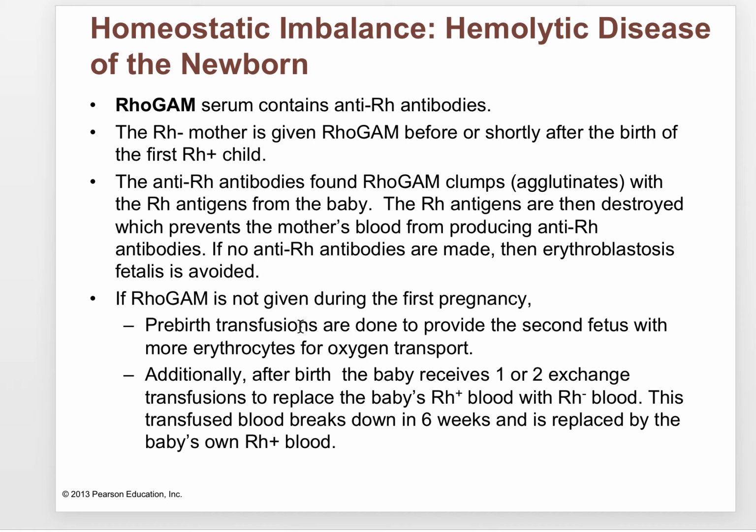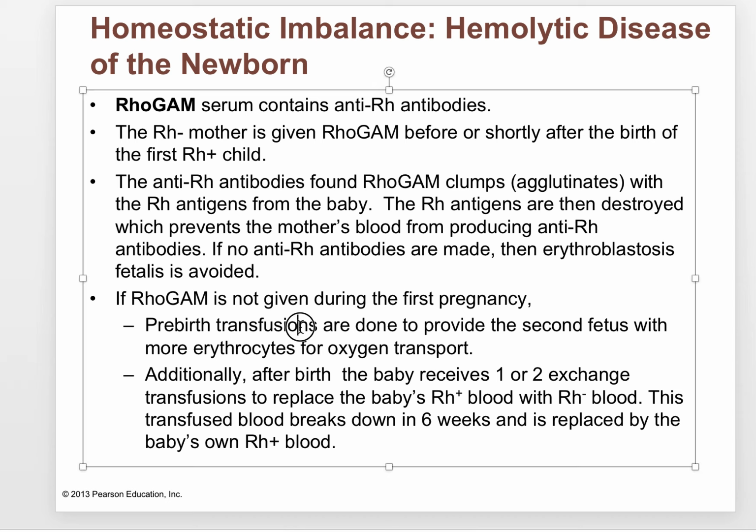Again, you want to try to avoid the hypoxia that occurs with low amounts of red blood cells. And then after the birth of the baby, the baby may receive one or two exchange transfusions to try to replace the baby's Rh positive blood with Rh negative blood, that way it won't react to the antibodies that the mother formed against the Rh positive blood. This transfused blood breaks down after 6 weeks, and then the baby's own Rh positive blood can be replaced and grow back.